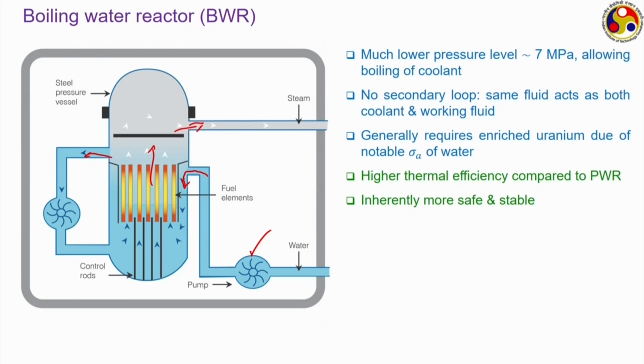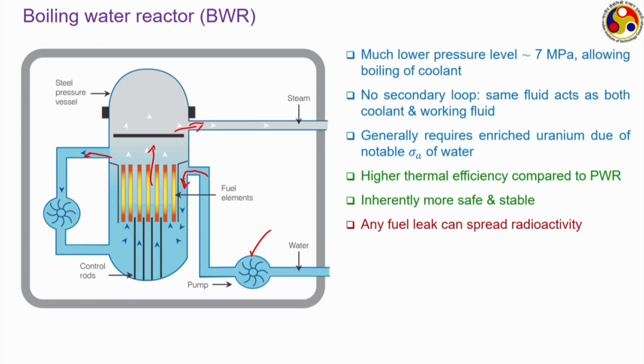It is also much safer and more stable from a design point of view, as we are operating in a big pressure vessel. The size of the pressure vessel being much larger, any upsurge or downsurge in the total volume flow rate can be taken care of very easily.